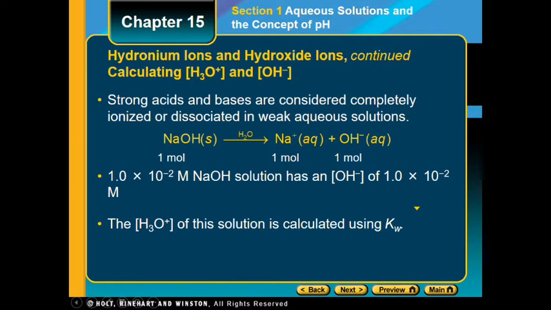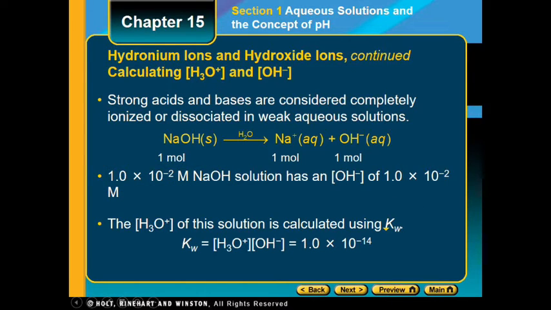If you had a solution that is 1 times 10 to the negative 2 molar sodium hydroxide, this is an important connection: you are saying the hydroxide ion concentration is equal to 1 times 10 to the negative 2 molar. So trying to fit that into the equations that we're looking at, that's what you have here.